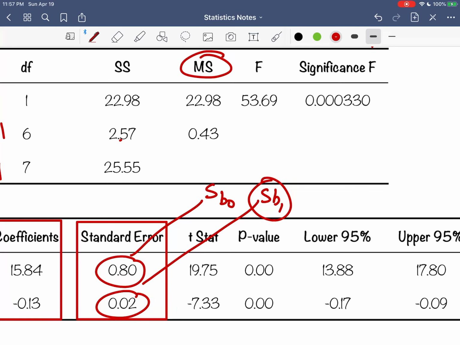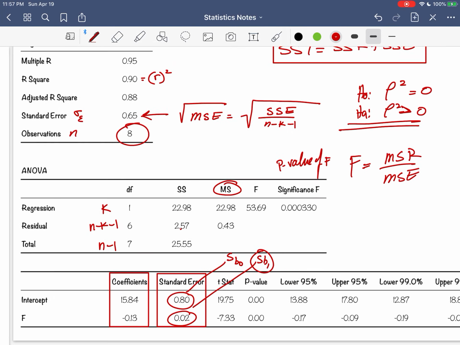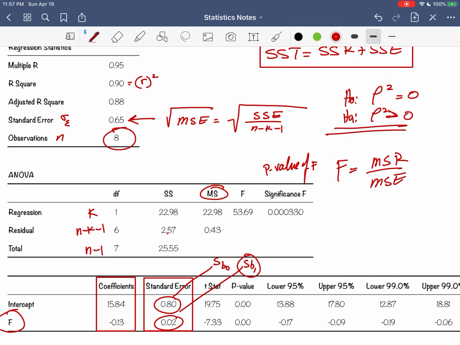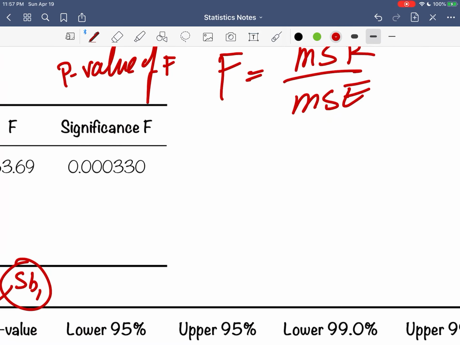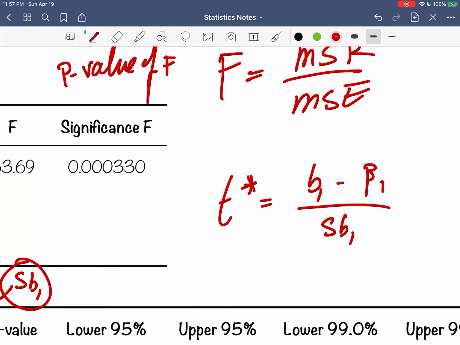And so if you would like to test the slope of the line, you're going to be testing the significance of it. Is this significantly different than 0? If you remember, the test statistic was b1 minus big B1 divided by S B1.